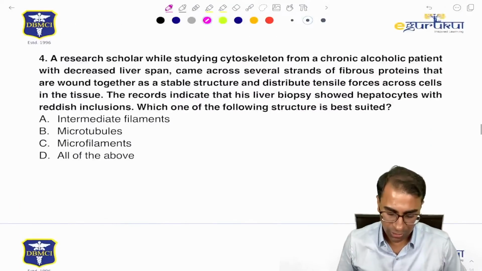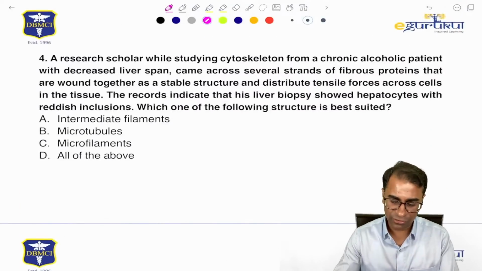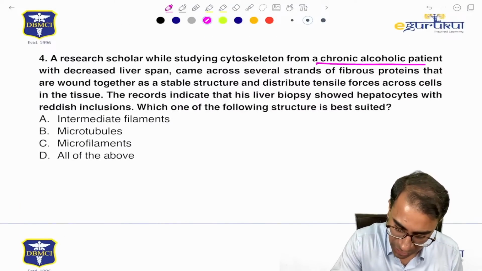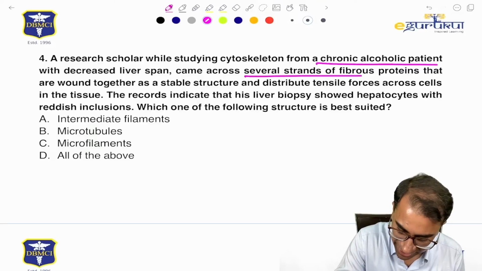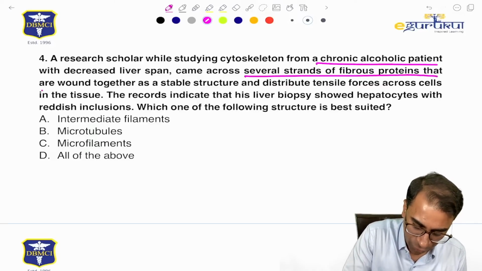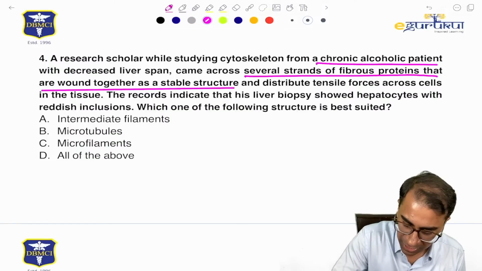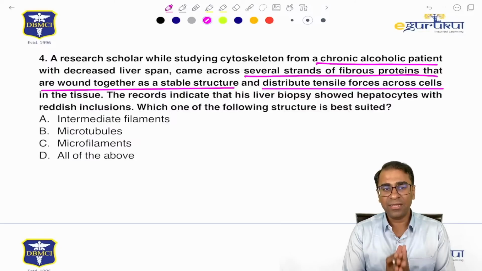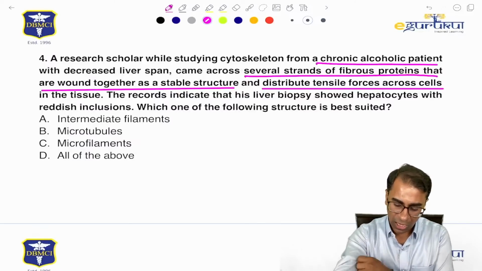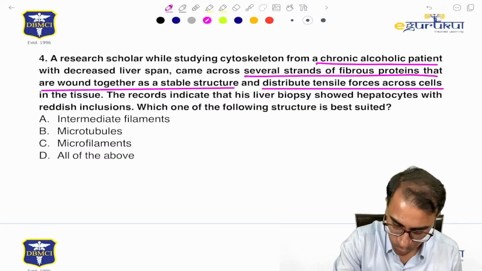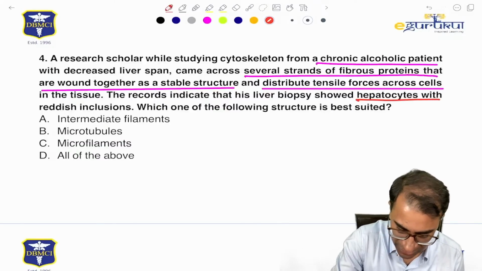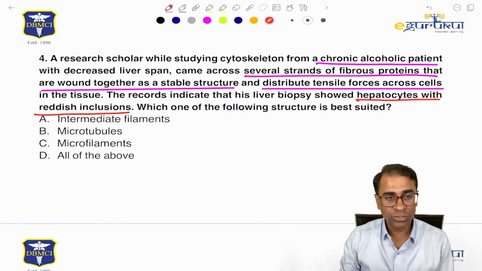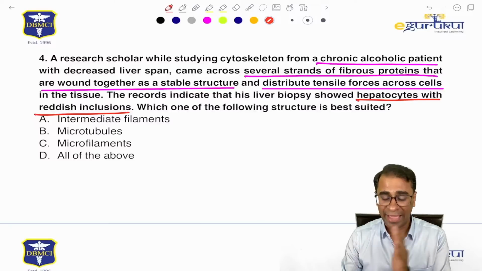Okay. Fourth, a research scholar was working on a cytoskeleton of a chronic alcoholic patient, and what they show is several strands of a fibrous protein that bound together as a stable structure and distributed tensile force across the cells. What do you call these? Intermediate filaments. Okay. However, now the question is, it shows hepatocytes with the reddish inclusion bodies. So what are these? It's a cytokeratin.